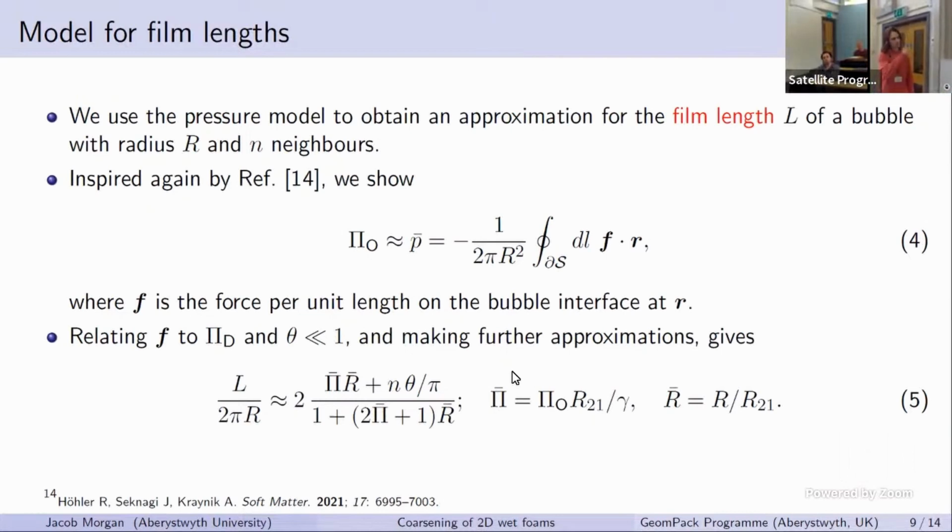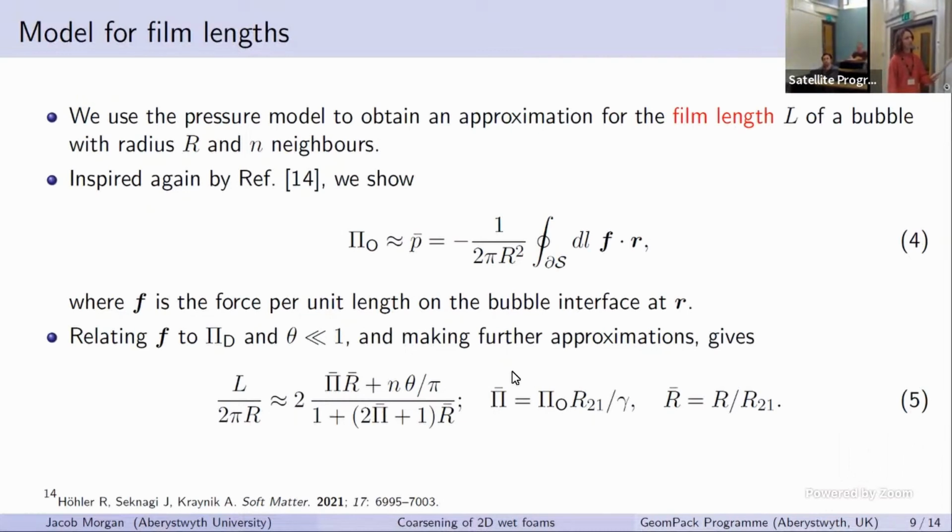But one can go further, of course, with approximation, and knowing that the forces exerted on a bubble's interface are due only to the disjoining pressure, thinking of foams at equilibrium as we do, so that there's no liquid flow, and so no viscous forces and no body forces either, resulting from gravity or anything like that.